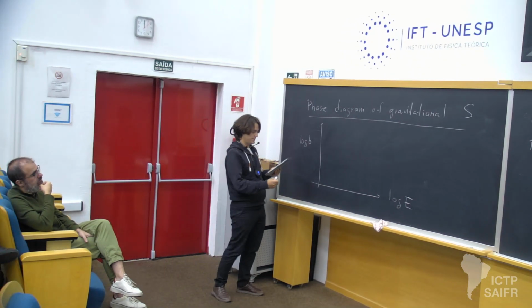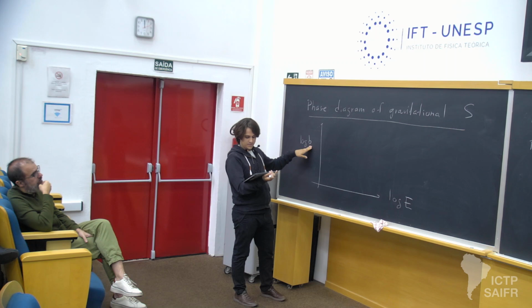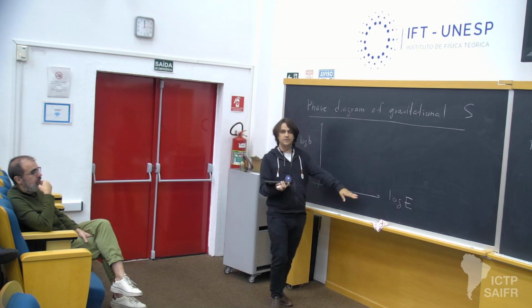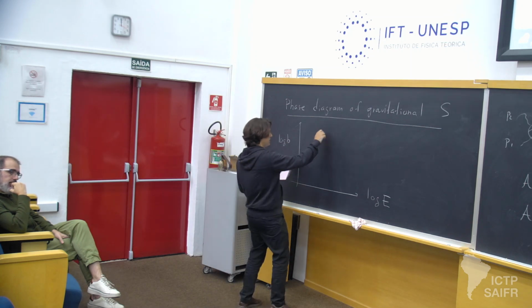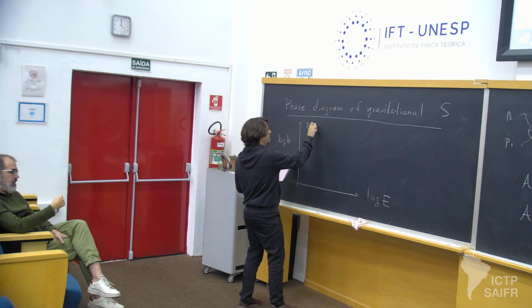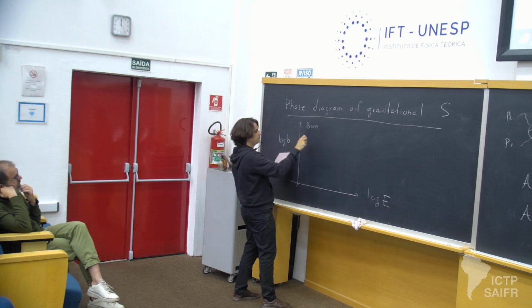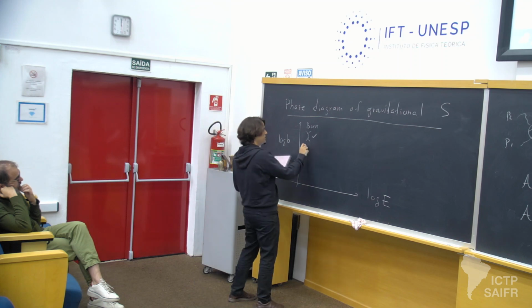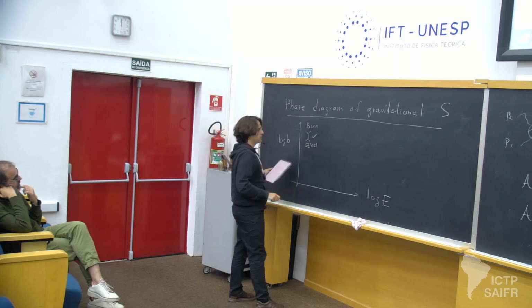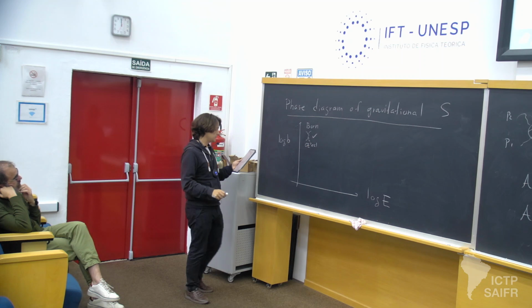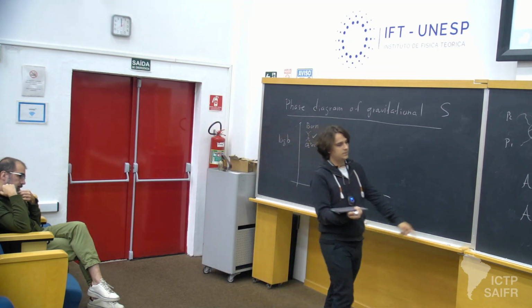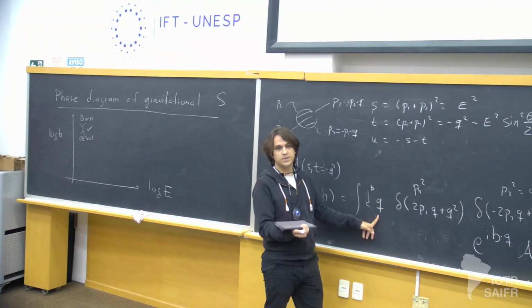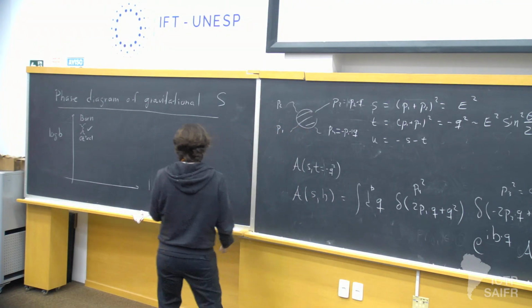If we have very large impact parameters, but very, very small energies, when G squared is small, then we have here the so-called Born regime, where the tree-level approximation is okay. This is when G squared is much smaller than 1. But then also we want B to be large, because otherwise Q being very large would also be an issue.